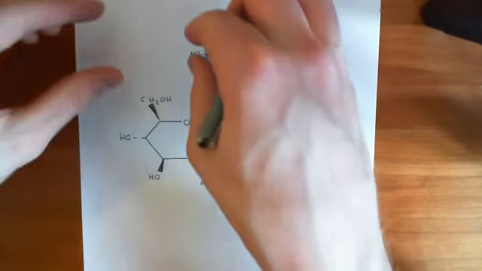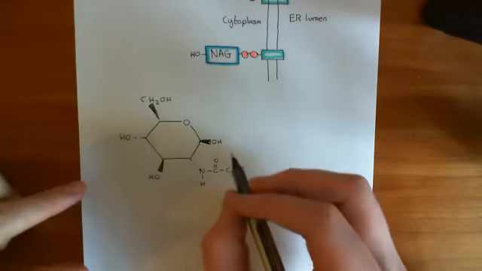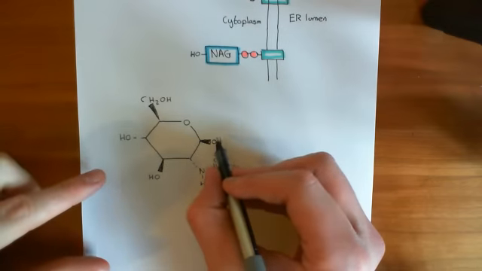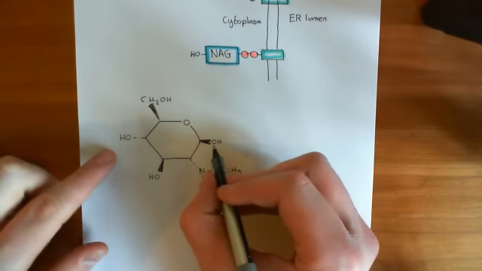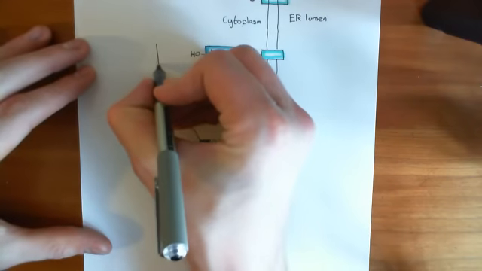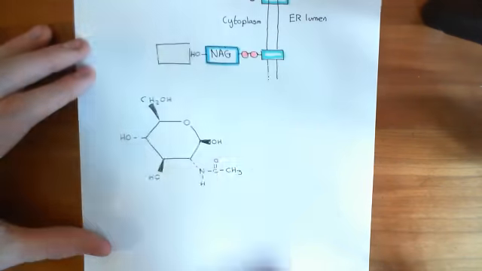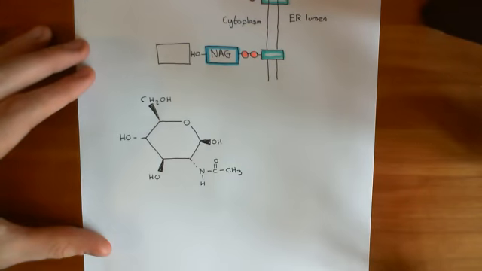So we're going to bring in another one and form what's known as a glycosidic link, which is basically when you perform a condensation reaction between these two hydroxyl groups. Okay, so we're going to glycosidically link more N-acetylglucosamine molecules to our structure.